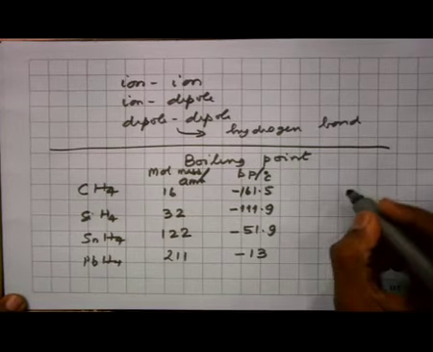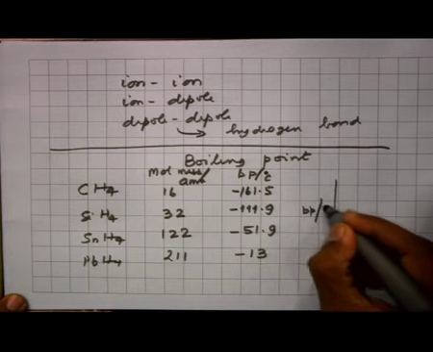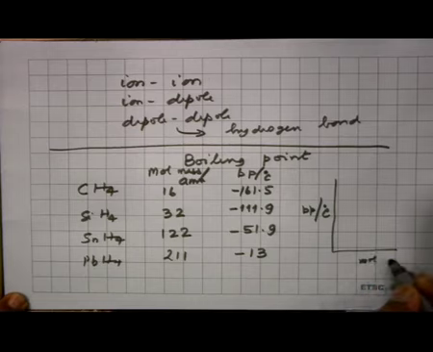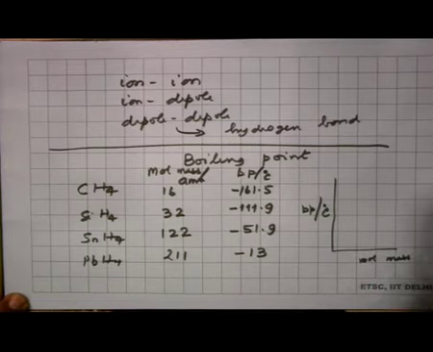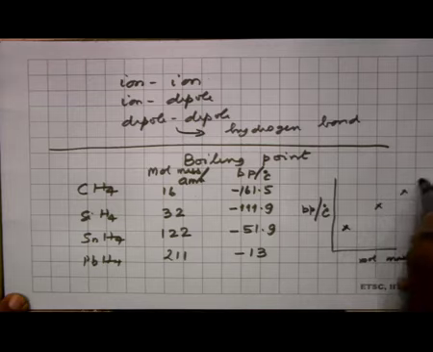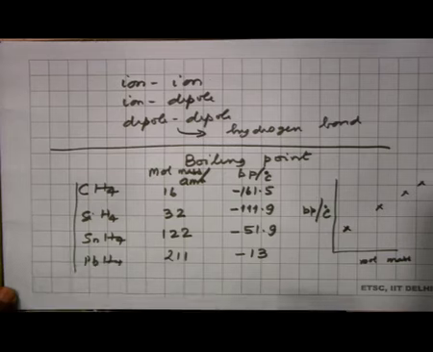So, if you plotted boiling point in degree Celsius as a function of molecular mass, you find that it almost goes up linearly in this series of hydrides of group 4.